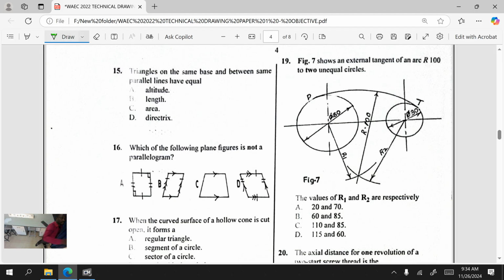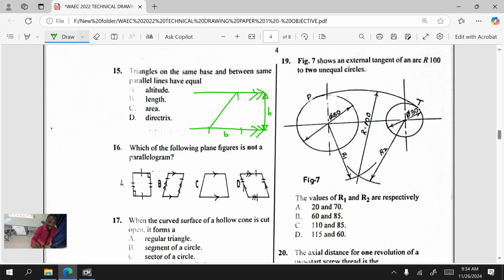Triangles on the same base and between parallel lines. If triangles are on the same base, look at this. These are parallel lines. Having equal distance between them means they will have equal height. Do you see that? And they are sharing the same base.